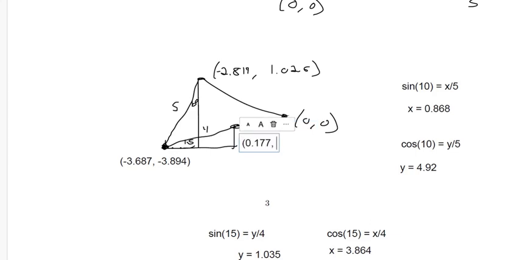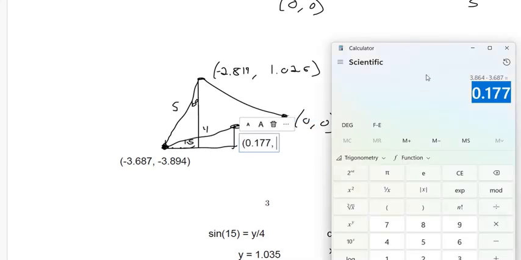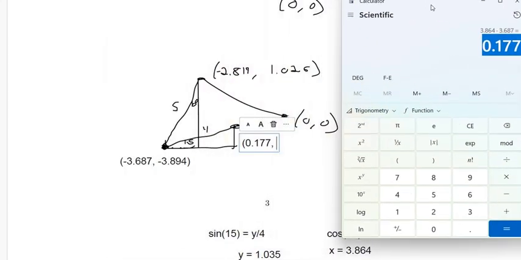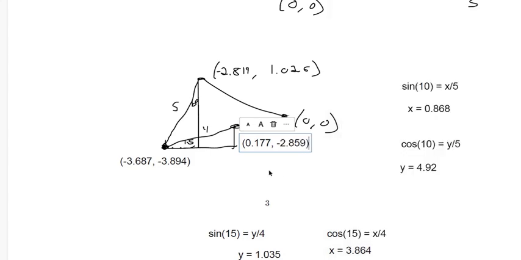And for a y coordinate, where are we at? We started at negative 3.894, and then we went up 1.035 units. So that's increasing 1.035 because we went up, so this is our new y coordinate. So we're still below the origin. We're a little bit to the right of the origin now.